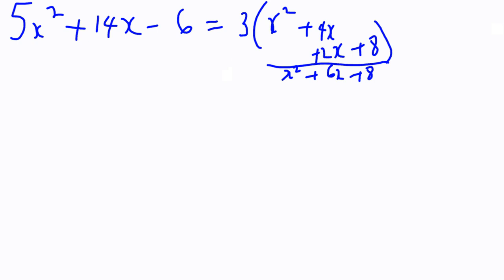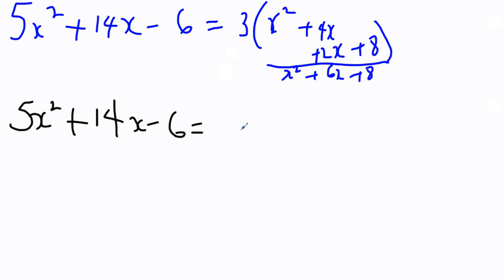Let's use the black pen now. So 5x squared plus 14x minus 6 equals, if you multiply this out, you get 3x squared plus 18x plus 20.